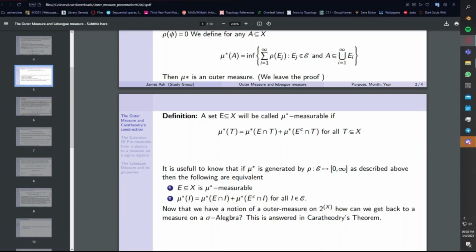It's a good question, actually. I'm not sure how exactly it does it, but I think the best option is that this condition is telling you that the measure is finitely additive because, again, the union of these two sets is going to be T. So you're just saying that for every set T you take, you can in a way approximate it by taking the measure inside E and then outside E and summing them up.